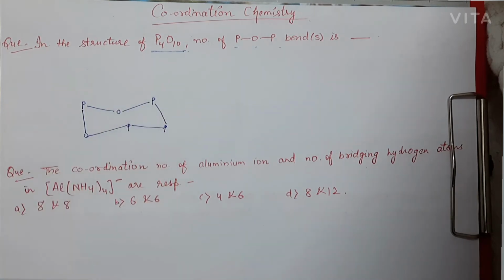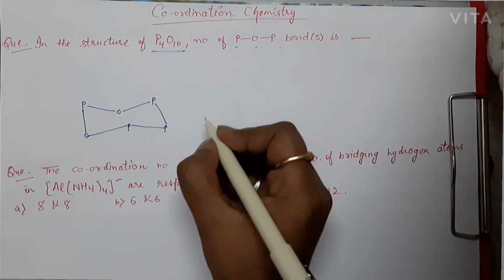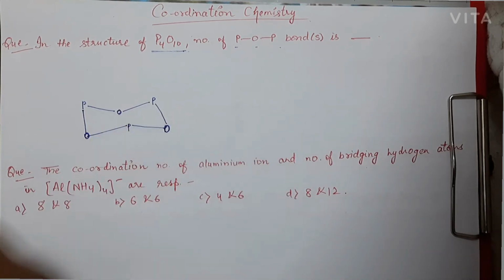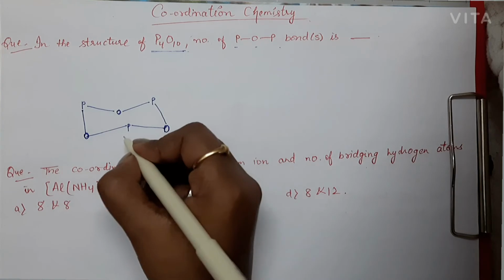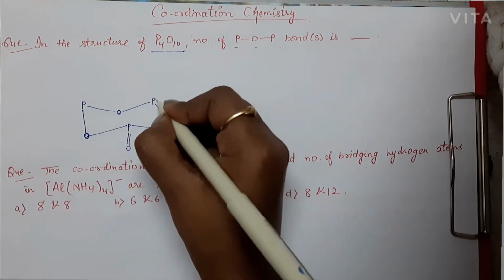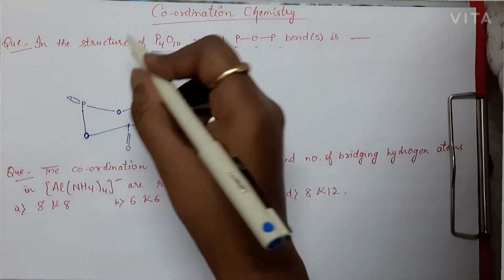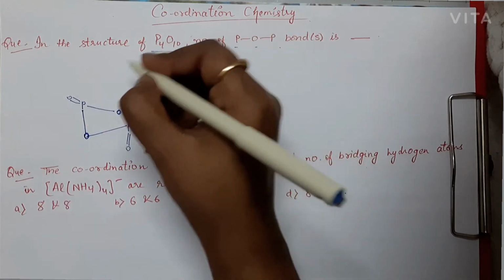Cyclohexane type of a ring here, alternate P and O bonds. Now P will be attached with a double bond O. Now above this we will be having a hexagon type of structure like this.